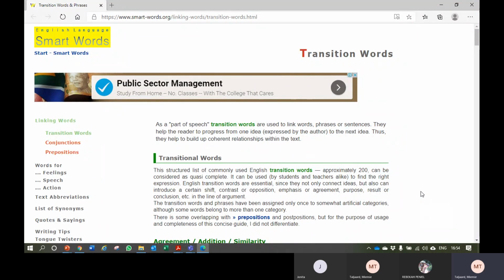And because they link, they tell the reader what you think. What is the link between the two sentences? Why did this student put these sentences in the same paragraph?